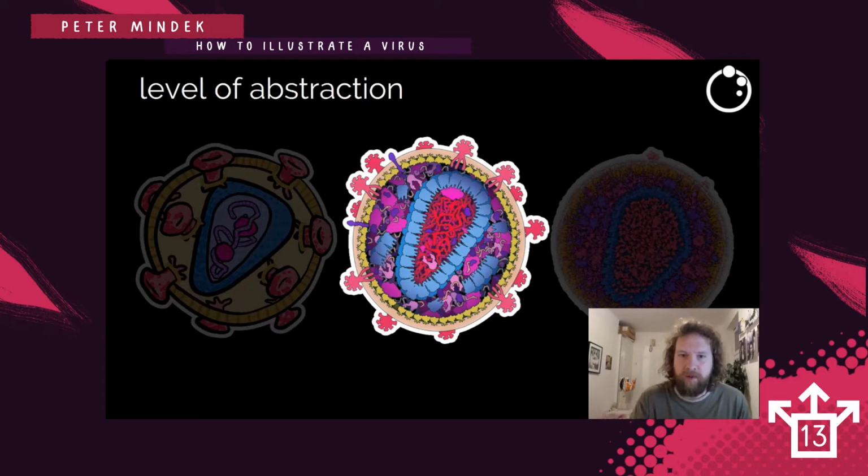It shows us several important types of molecules with their distinctive shapes. But it's still not quite realistic. These molecules are way larger than they should be so that we can actually see the shapes. There are too few of them, because otherwise they wouldn't fit in this picture. So we had to abstract these details in order to convey the information we wanted to, in this case the crowdedness of the environment.